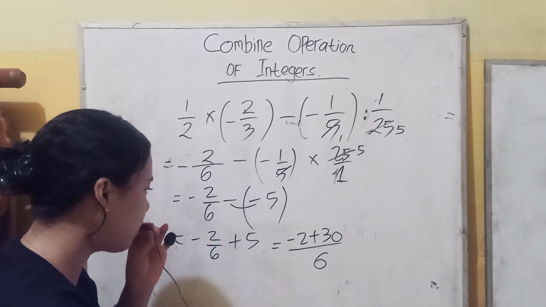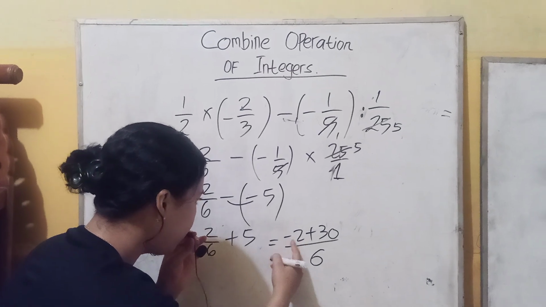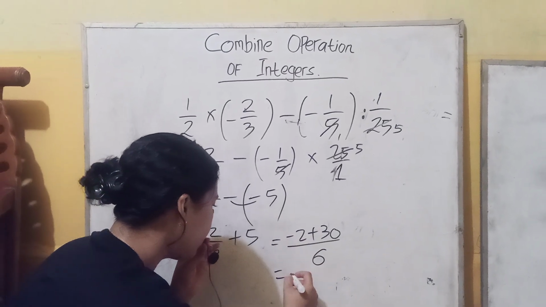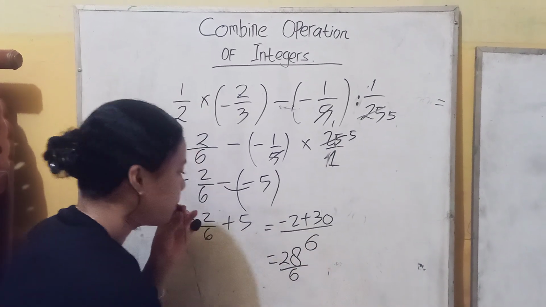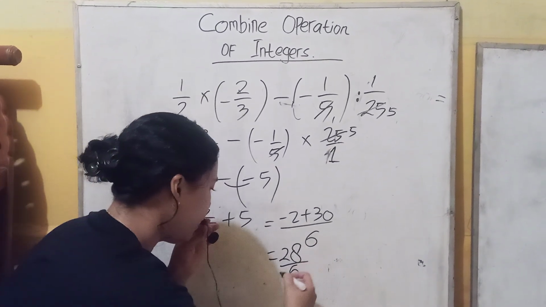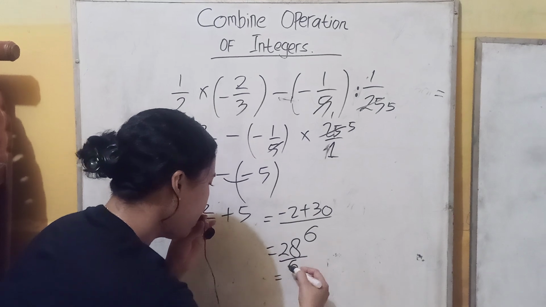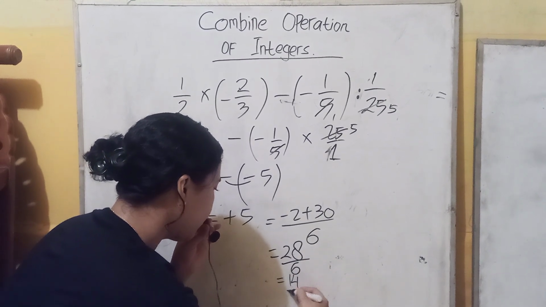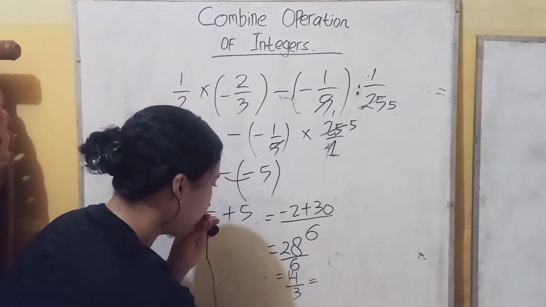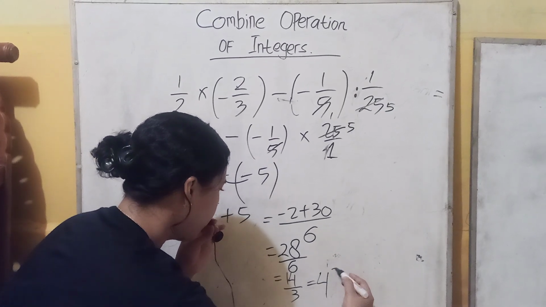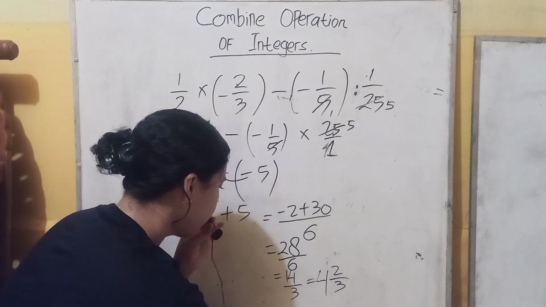You may ask in the comment chat later on. -2 plus 30 is 28 out of 6. Okay, then we simplify, divided by 2 each of them. So 14 out of 3. If you want to make it a simple fraction, it means 4 and 2 out of 3.